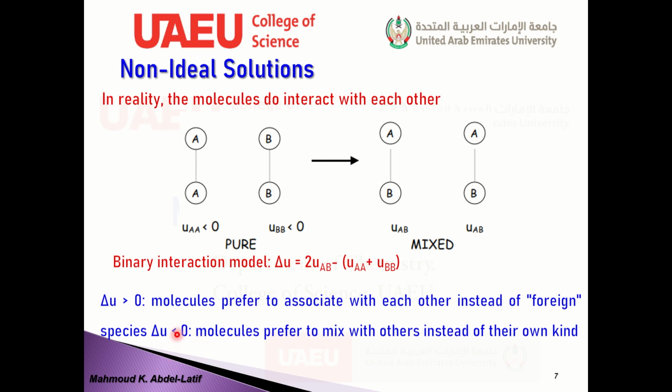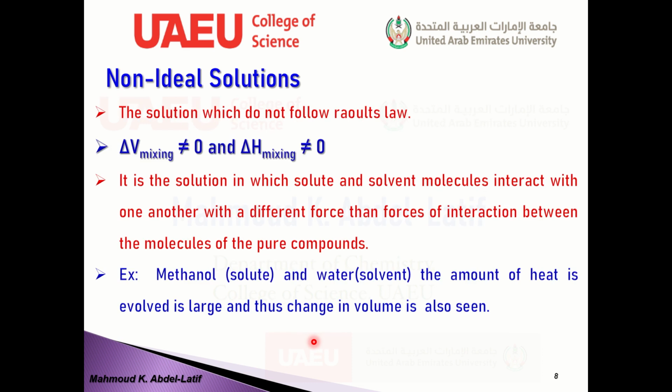If the delta U is less than 0, it means the molecule prefers to mix with the other kind instead of its own kind. For the non-ideal one, as I have already told you a few seconds ago, the volume change of mixing will not be 0, and the enthalpy change of mixing won't be 0 too.